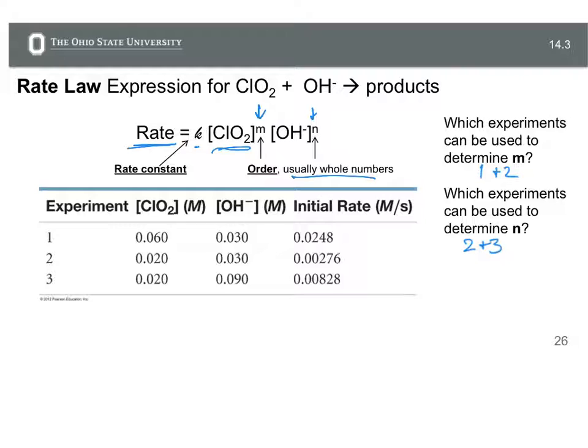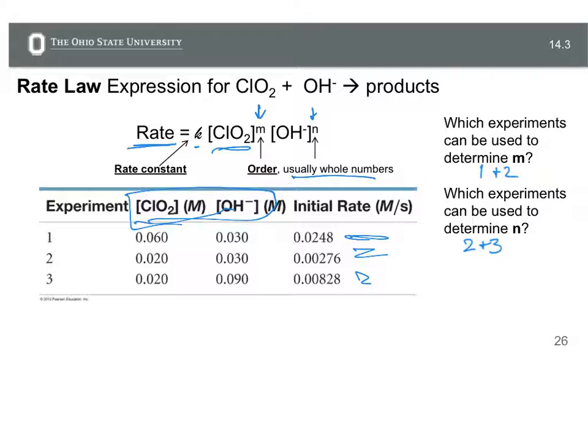So we were using the method of initial rates to actually determine the rate law expression for a reaction. The method of initial rates, we basically use a number of different experiments where we're changing the concentration of the reactants and then determining the initial rate.